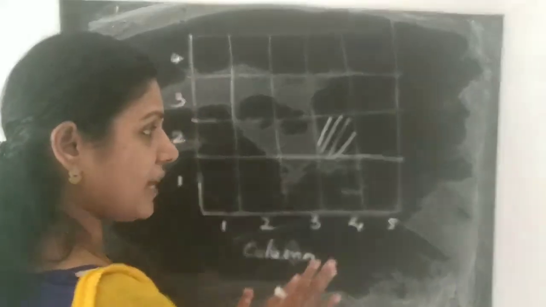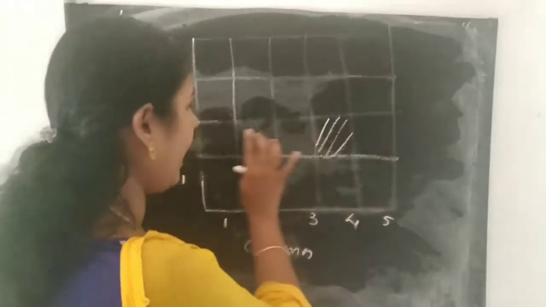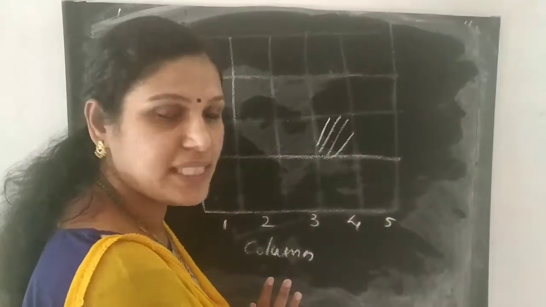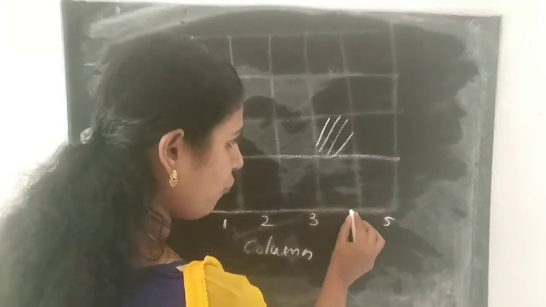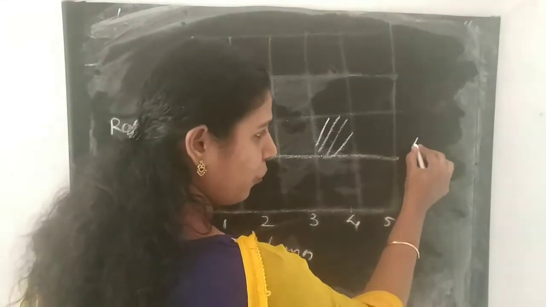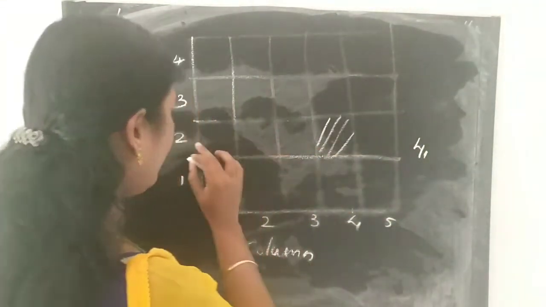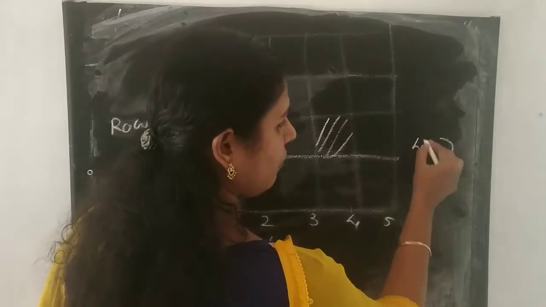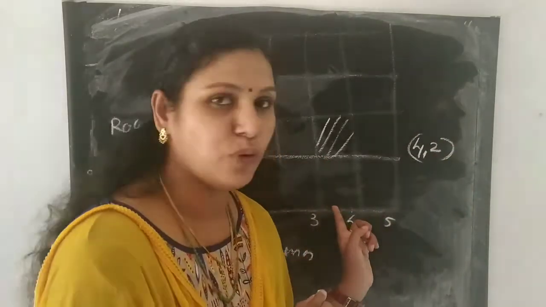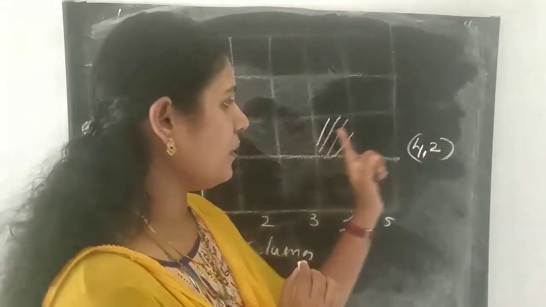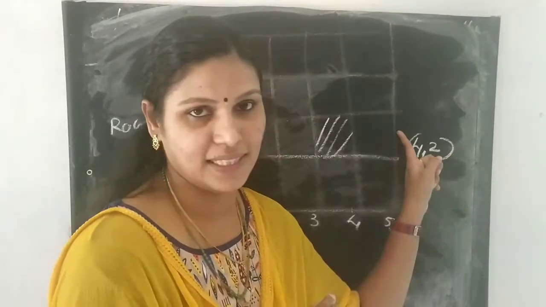We write the column first and then the row second. Now you are sitting in the fourth column, that is 4, and the second row. We write the fourth column first and the row second. We can write it like this.